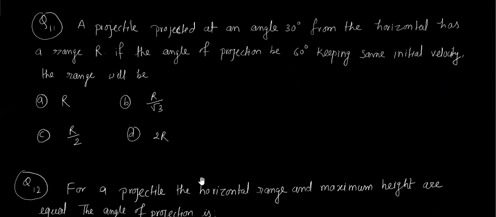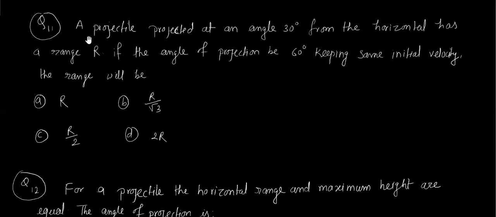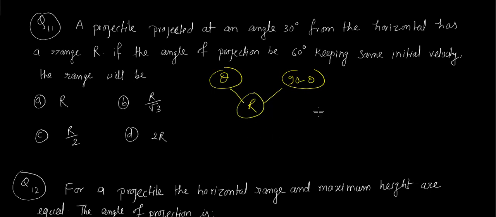Now let us read question number 11. In this question it is given that a projectile projected at an angle of 30 degrees from the horizontal has a range R. If the angle of projection is 60 degrees keeping the same initial velocity, the range will be? This is a logical question, as we know that there are two angles of projection for which the ranges are the same.